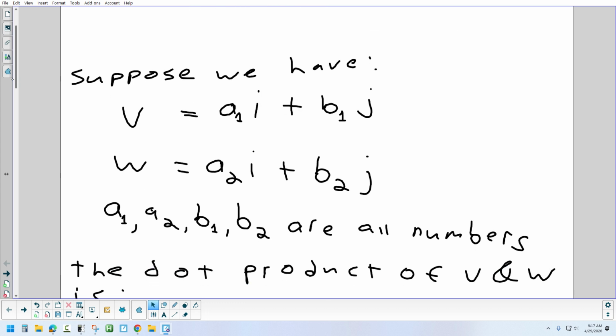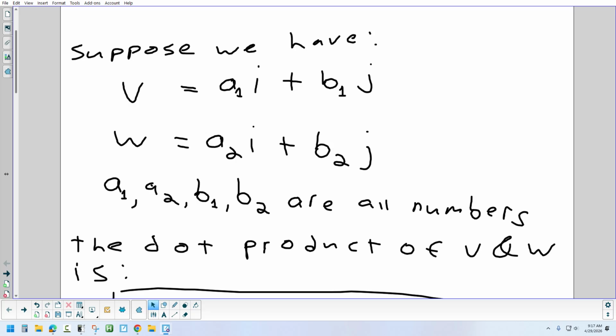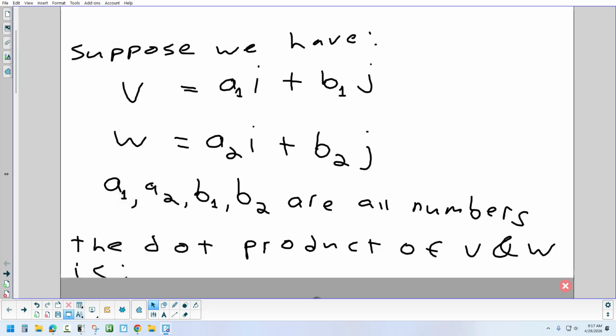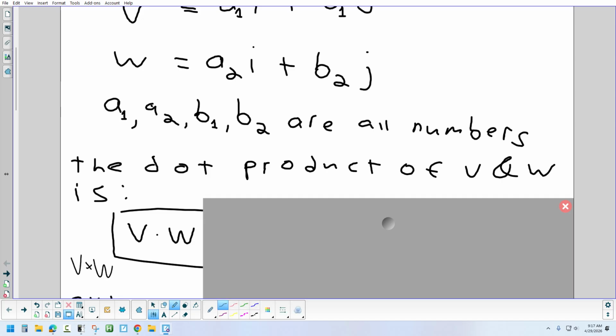So when you do a dot product, the symbol for it, first of all, is a dot. It looks like that. If you wanted somebody to find the cross product between two vectors, you would write it like this. That's completely different. Put a little cross between them. Okay, but we're not going to look at that today.